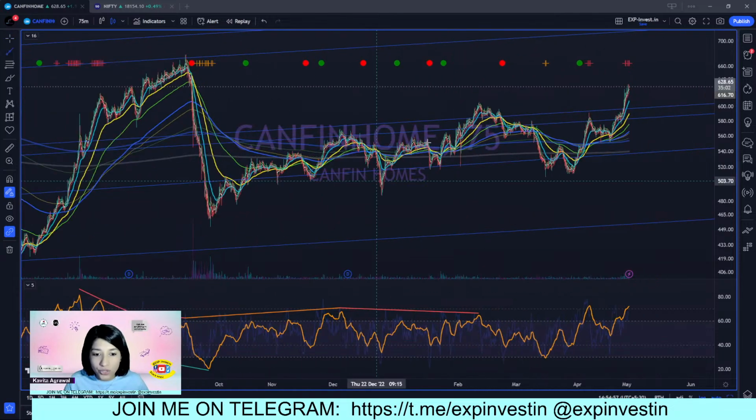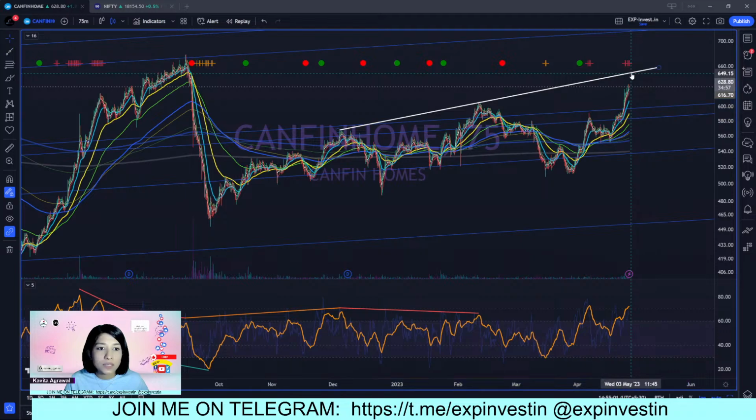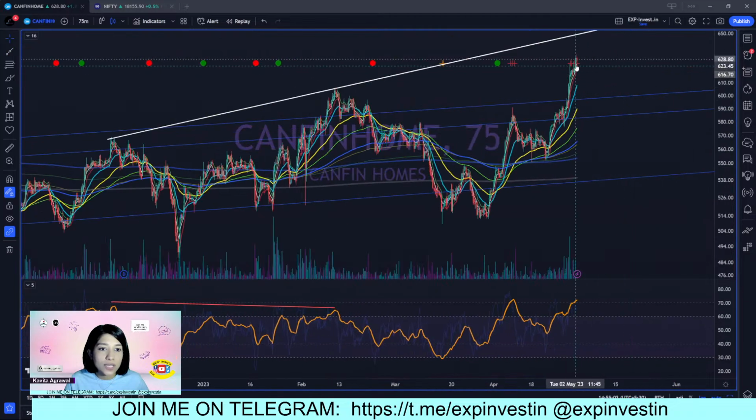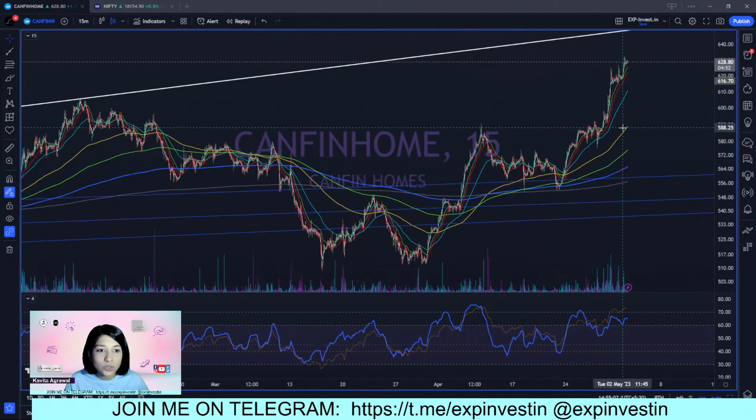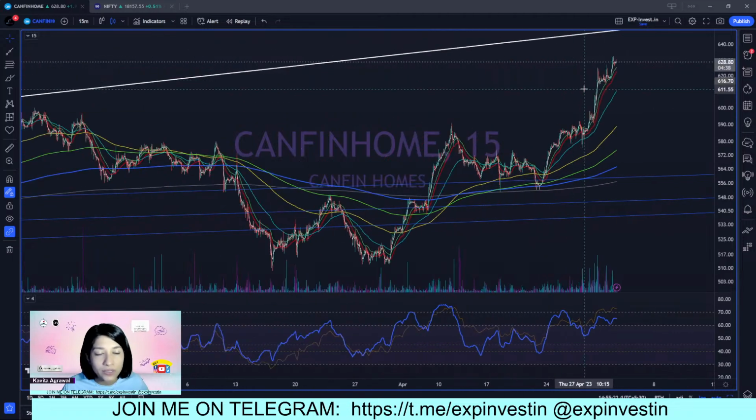So I would not suggest making fresh positions here, because the target for the stock is at 650, which is barely 2% away. And if I had to tell you a stop loss, I would not be able to give you a stop loss lower than 614. That gives a risk-reward ratio of 1:1, which is not very attractive and not worth risking your money for. So I would suggest overlooking Canfin and not making a fresh position.